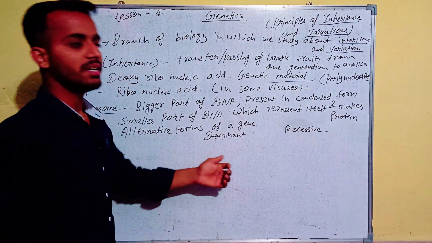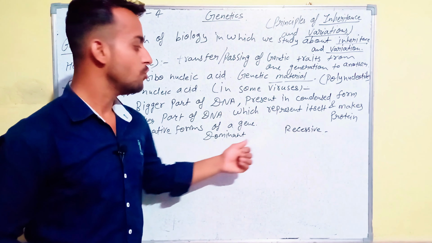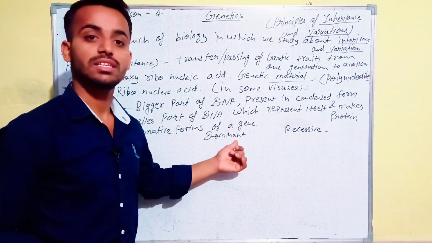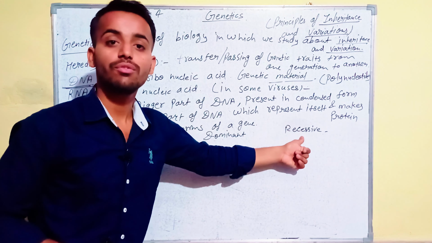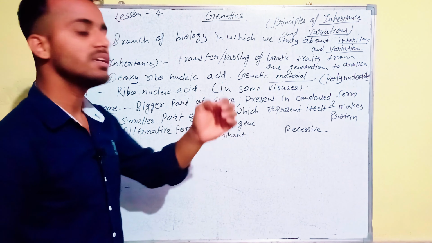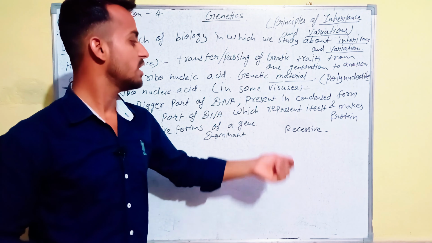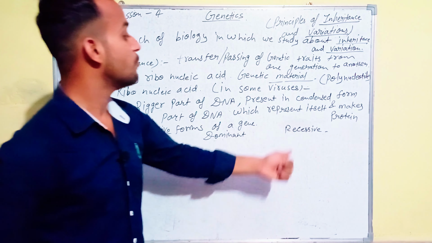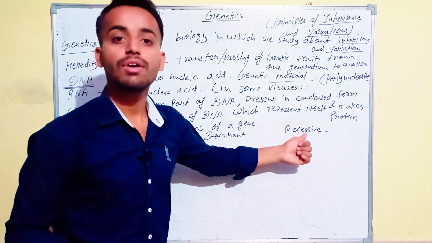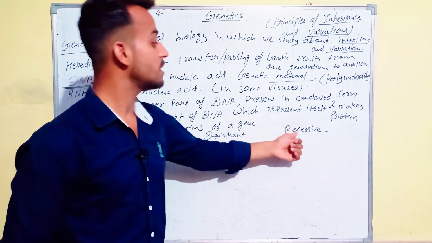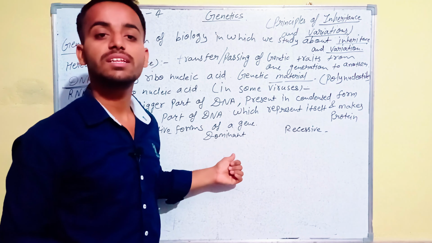So what is dominant and what is recessive? A dominant allele presents itself in every condition and also in the presence of a recessive allele. But a recessive allele can't represent itself when the dominant allele is present.